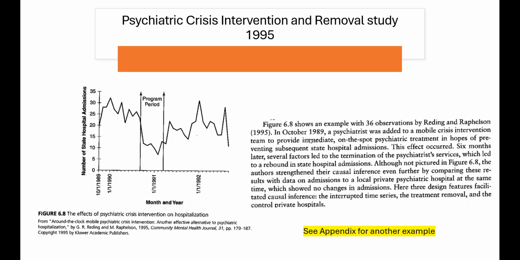Okay, let's just review what that is on the graph. We see that they started an intervention with a mobile psychiatrist to help reduce state hospital admissions. We see that in that first vertical arrow on the left. It says October in 1989.